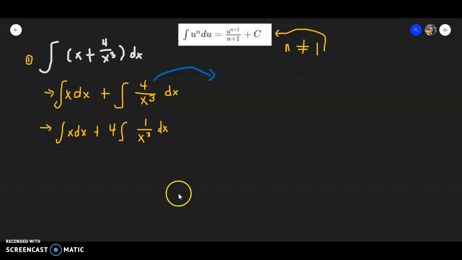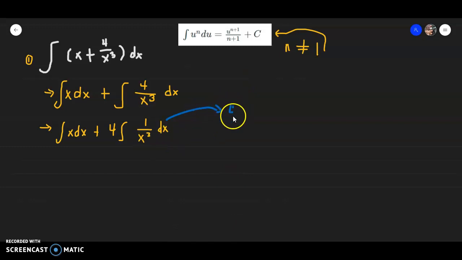So, gawin natin siyang itaas natin. Pwede siyang maging taas lang natin yung x cubed.